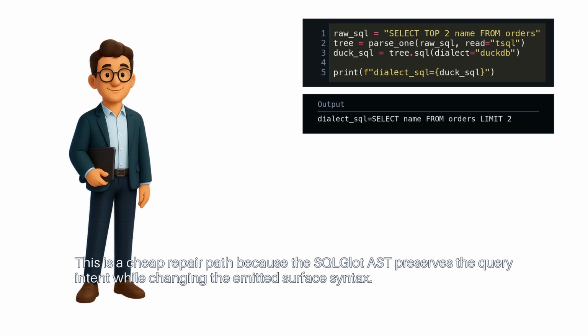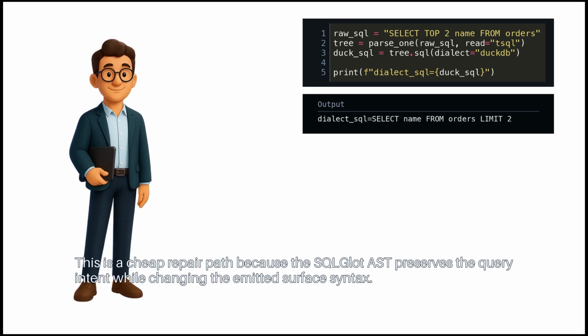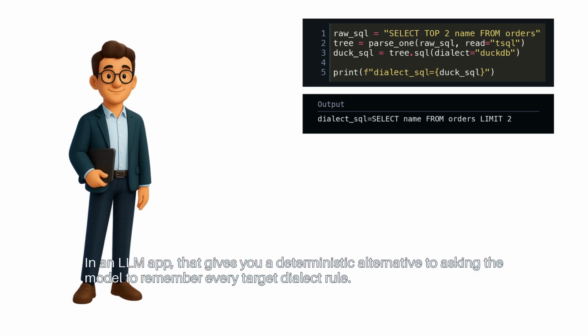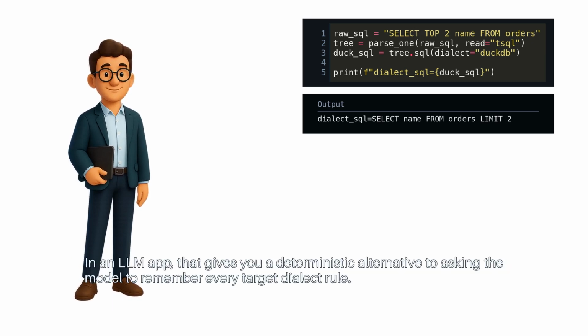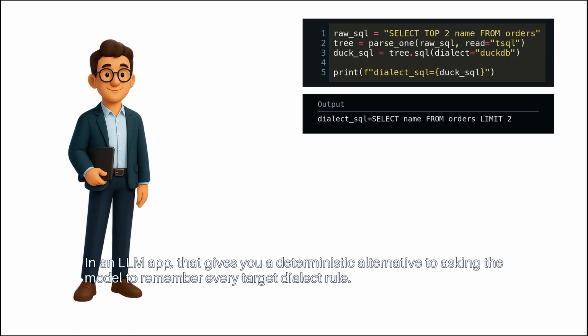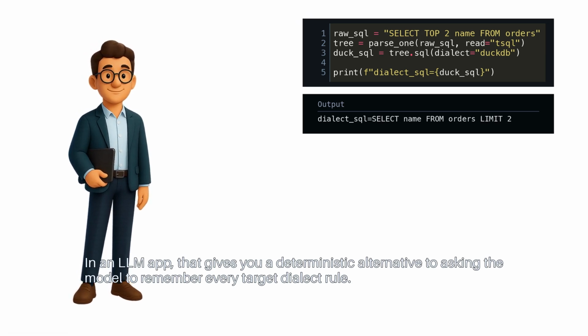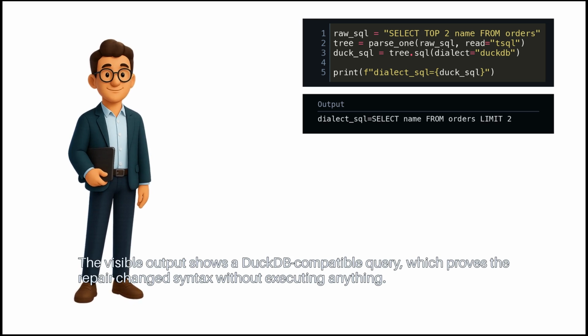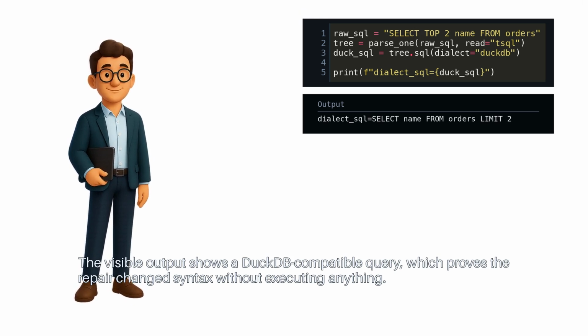This is a cheap repair path because the SQLGlot AST preserves the query intent while changing the emitted surface syntax. In an LLM app, that gives you a deterministic alternative to asking the model to remember every target dialect rule. The visible output shows a DuckDB-compatible query, which proves the repair changed syntax without executing anything.